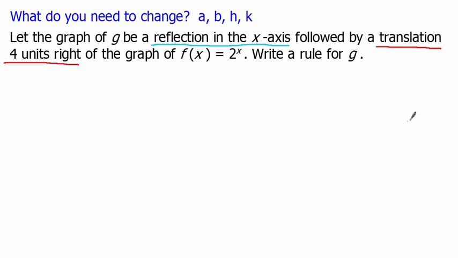What are those? Are they A, B, H, or K? Reflection, you look at your notes again and again and again. The reflection is going to be A, has to be -1. The translation, right, that means H is 4, but when I plug it into the equation, it's going to change.